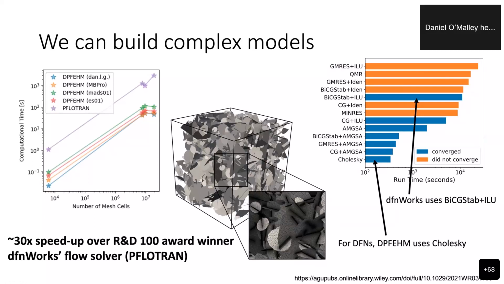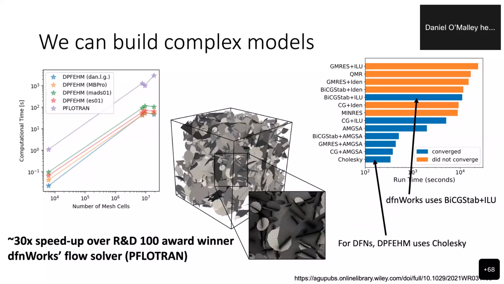The code that we developed, DPFHM, can solve these very quickly. It was about 30 times faster in the benchmarks we did for these DFNs than the code PFLOTRAN, which is generally considered to be a fast code. The speedup here isn't really due to any machine learning trickery.